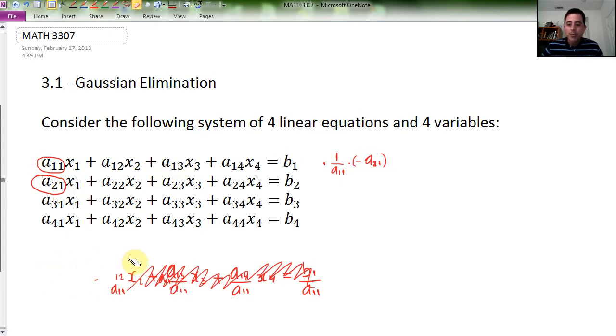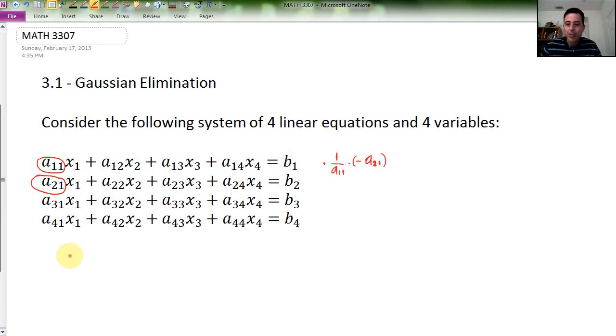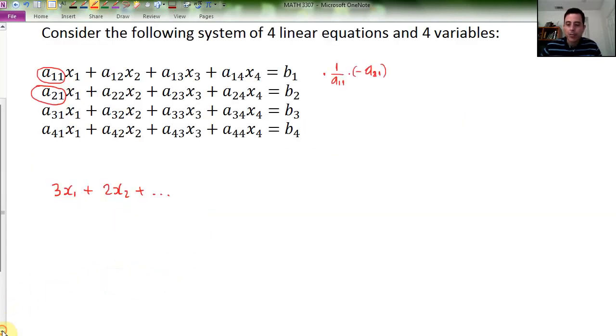So just to illustrate that with a more concrete example, let's say I have 3x1 plus 2x2 and so forth. I don't want to write the rest. I just want to illustrate the first two equations. Let's say here I have 5x1 plus, I don't know, 4x2. That's the second equation, and then I have another equation here and another equation here.